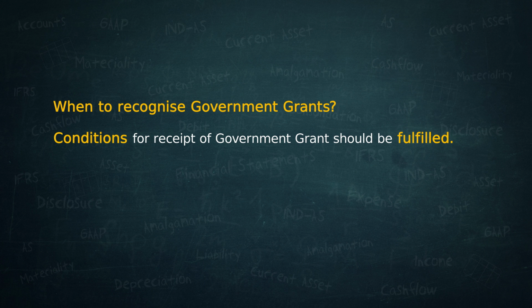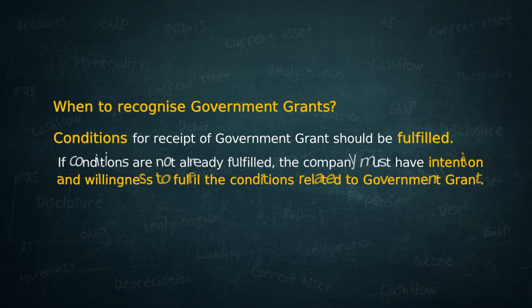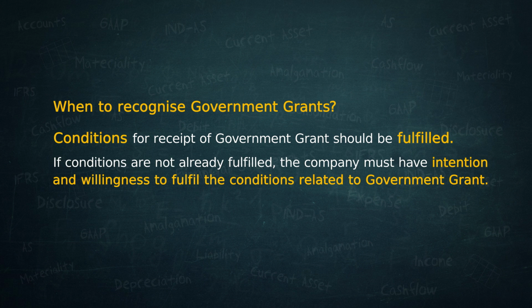If they are not fulfilled, there should be capability, so basically ability and willingness on the part of the entity to fulfill those conditions. And the second thing is grants are certain to be received. When will grants become certain? Only when government awards or allots that particular grant, those grants become certain. So those two conditions must be met.